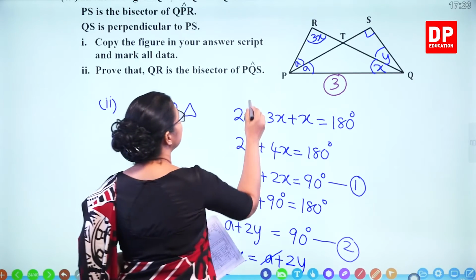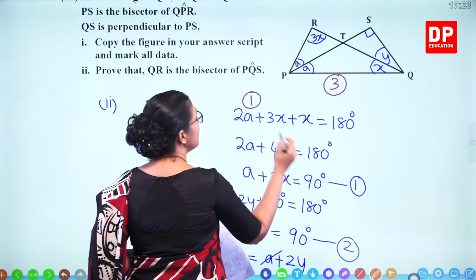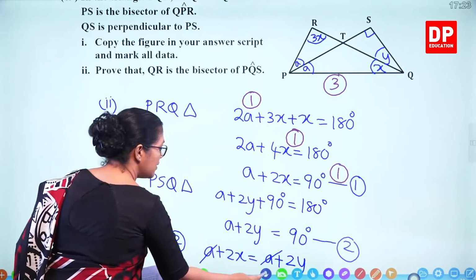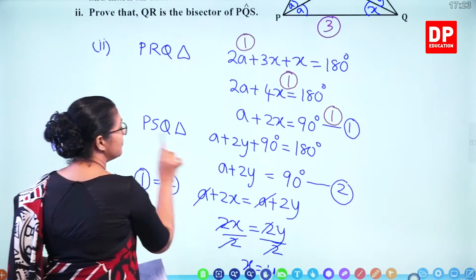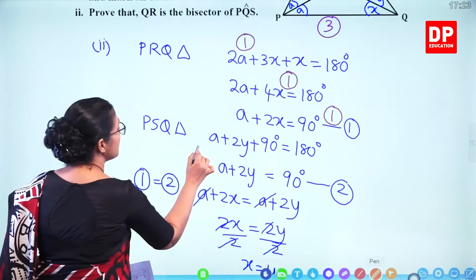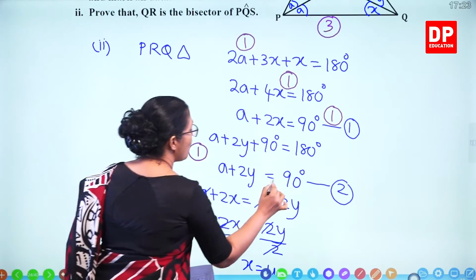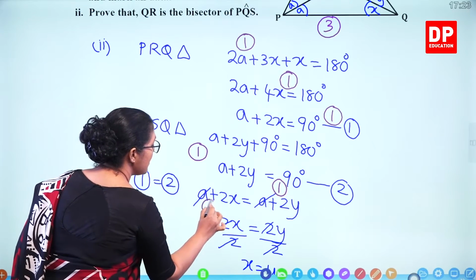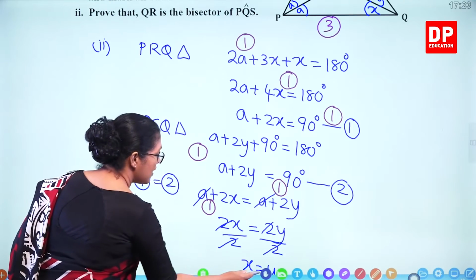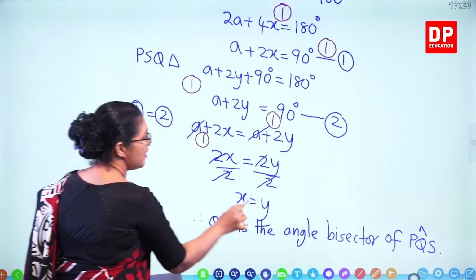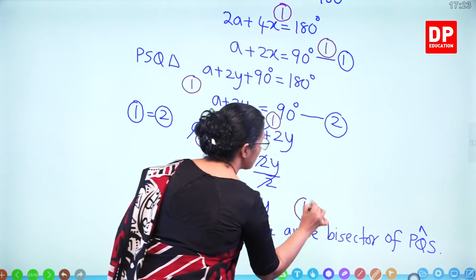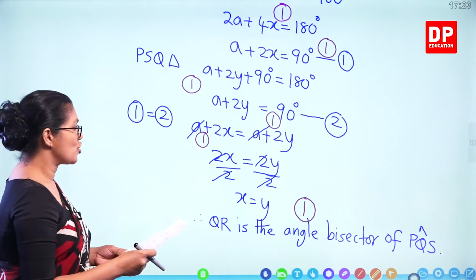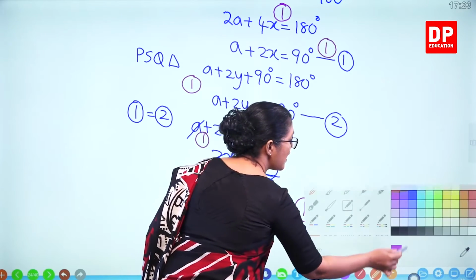So you get 1 here, 3, then equating 4, 5, 6, and then finding x and y equal, it's 1 mark. So 7 plus 3, 10 marks for that question. Now let's take the next one.